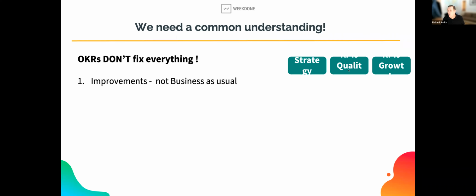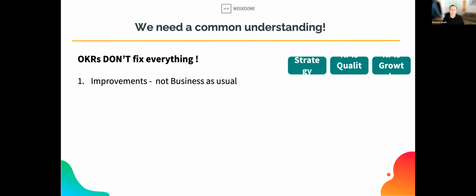What we've also got is quality KPIs and growth KPIs. So a quality KPI might be customer satisfaction. If we're below a certain level, we need to do something to improve it. A growth KPI might be something that we're trying to change. So it could even be the same customer satisfaction levels.